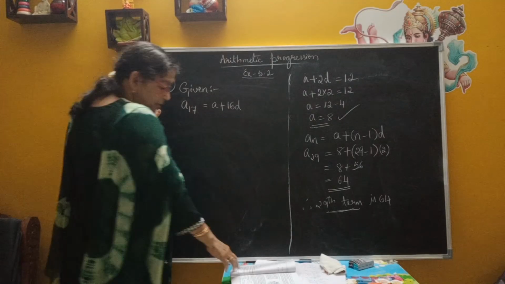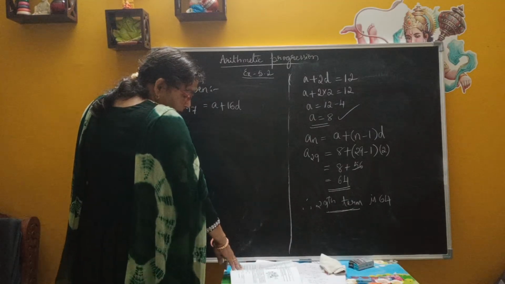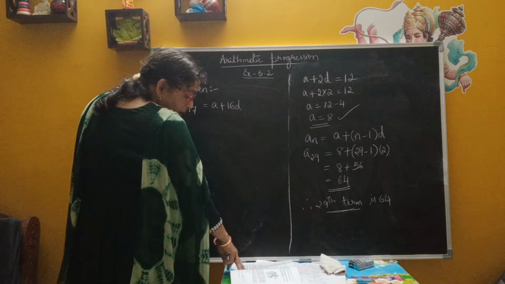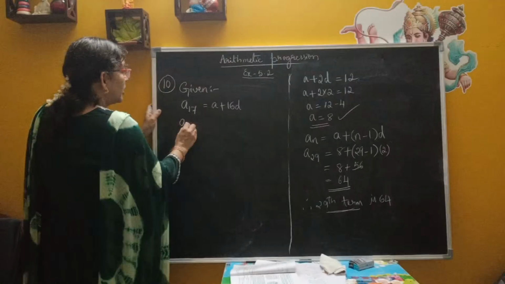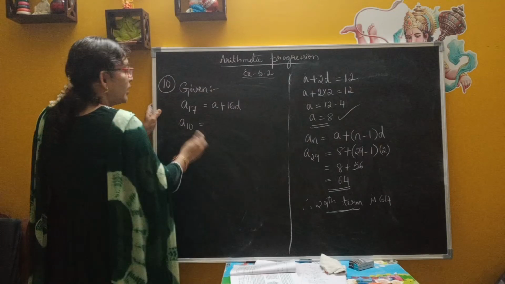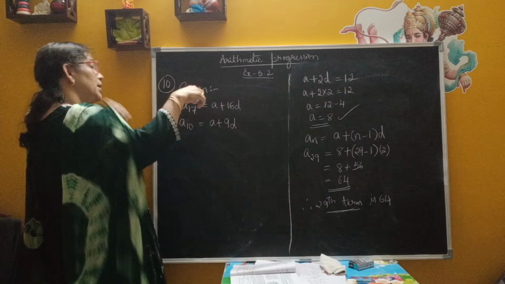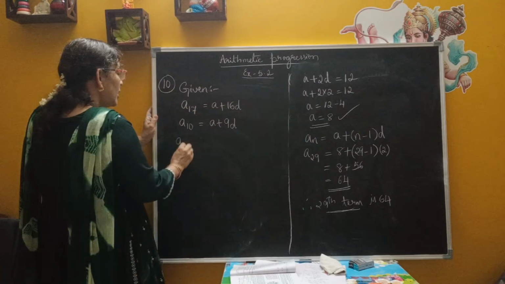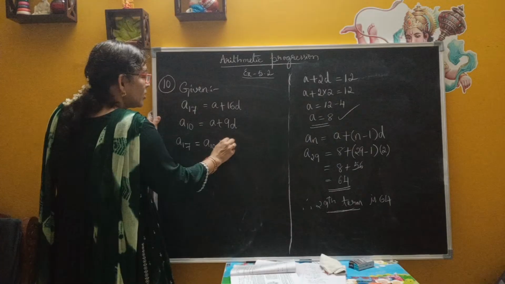And which is the other one? The 17th term of the AP exceeds its 10th term by 7. The 10th term is A10, it is A plus 9D, isn't it? So now A17 is A10 plus 7, that is 7 more.